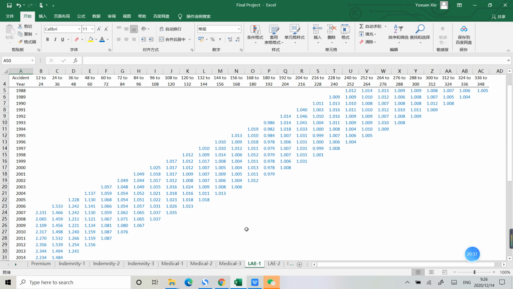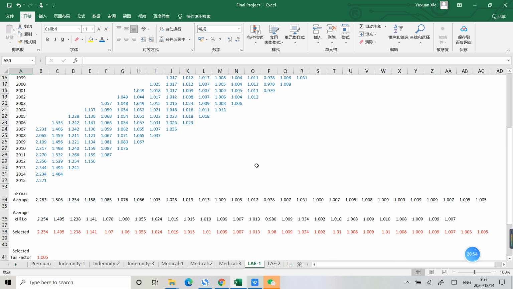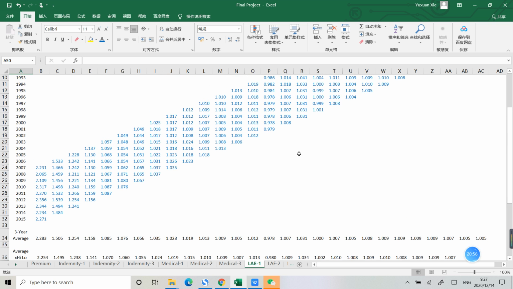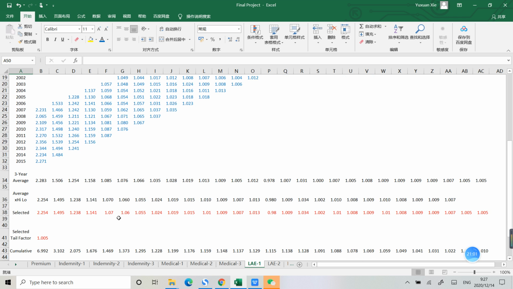This sheet represents the developed triangle for paid allocated loss adjustment expense by accident year, and is organized in the same way as described in the indemnity loss development selection. These ratios are given, and the selected factors are based on the all-year average, excluding the highest and the lowest factors.